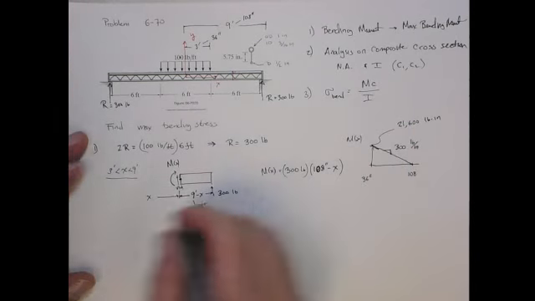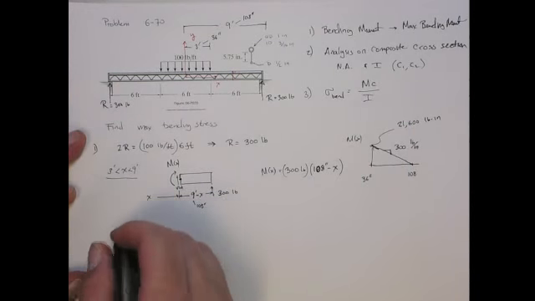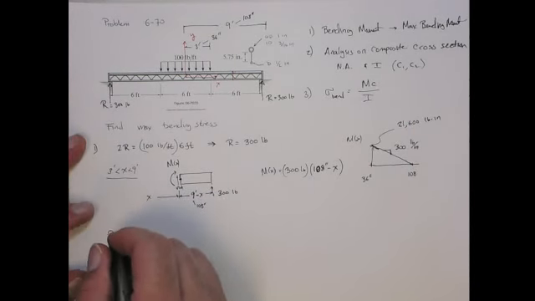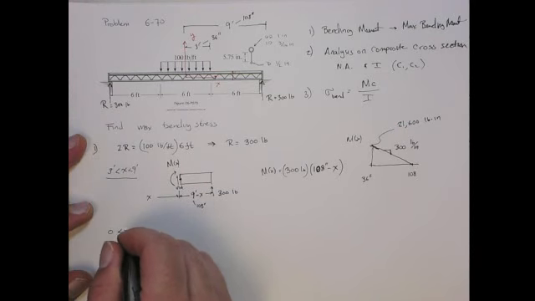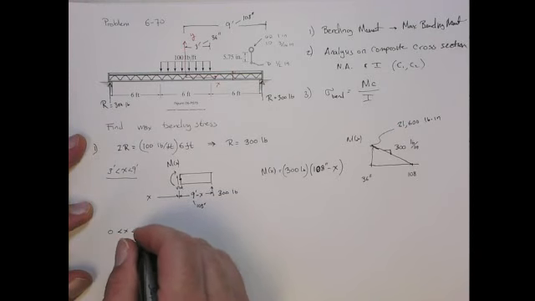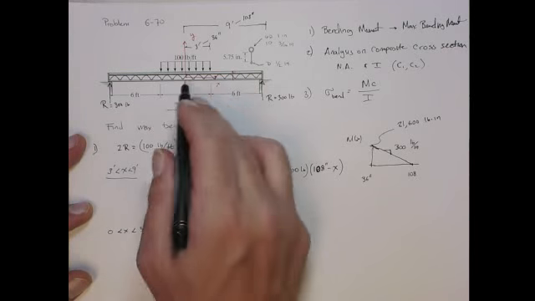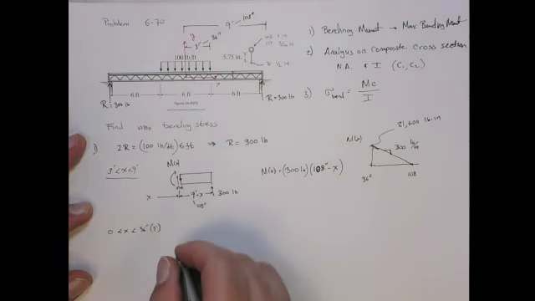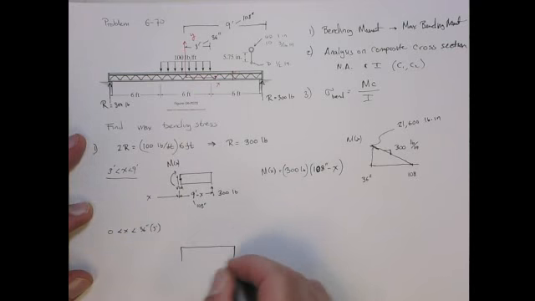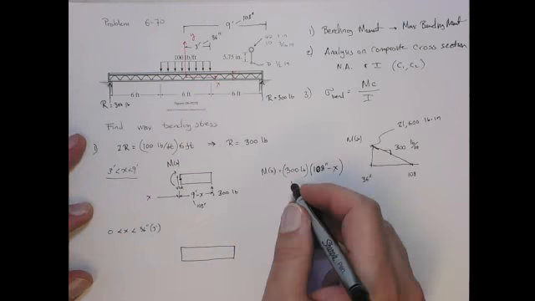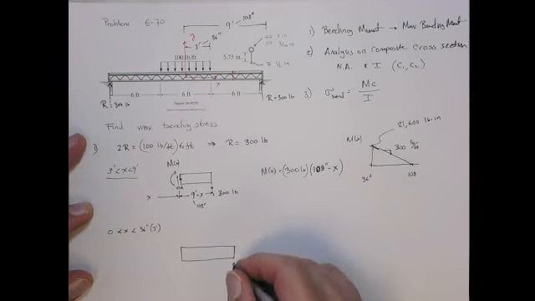All right, so now we need to do the bending moment between 0 and 3 feet, or 36 inches, right? That's 3 feet. So between this point and this point. Now when we do that, we're still going to have this same moment from the 300 pounds.